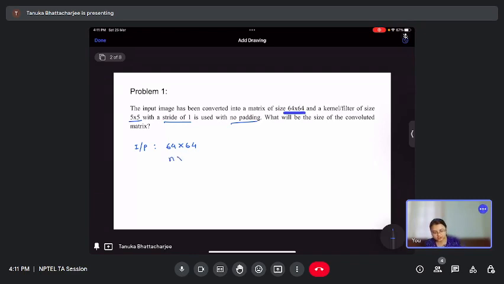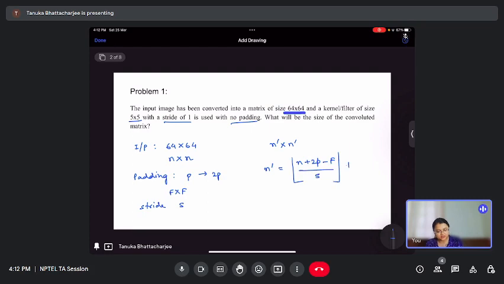So if our input matrix is of size n cross n and we are doing, let's say, padding of p on each side, so total padding is 2p, and our filter is f cross f and stride is, let's say, s, then the size of the convoluted matrix, let's say n dash cross n dash, will be n dash equals floor of (n plus 2p minus f) by s, plus 1.